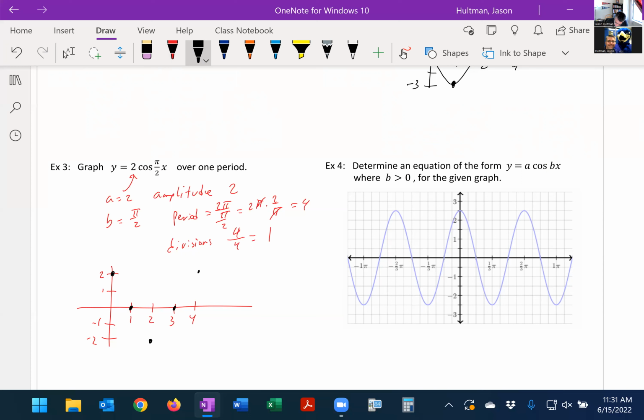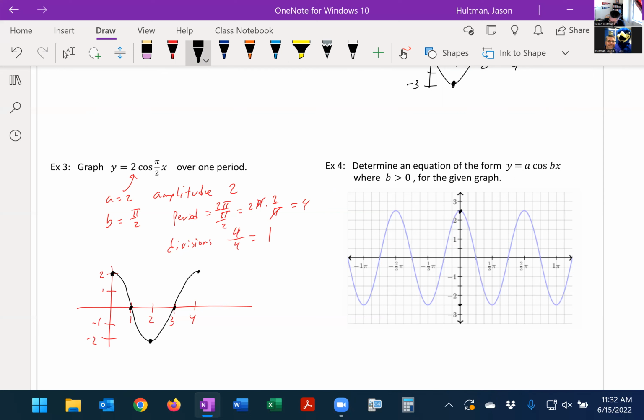Okay, example 4. Determine an equation of the form y equals a cosine bx, where b is greater than 0, for the given graph. We can see that the amplitude here, the height, goes to 2.5. So it looks like a is 2.5. Okay, what about the period? Well, the period is how far it goes in one cycle.